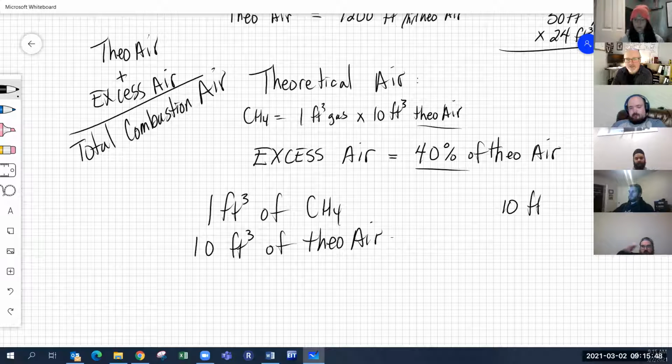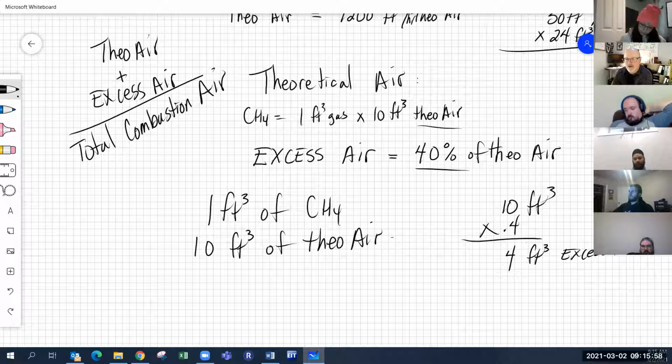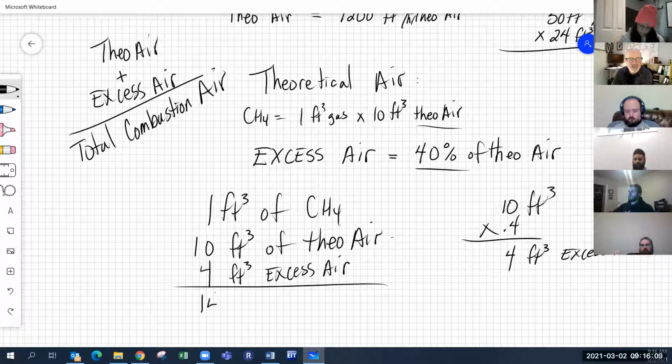So 10 cubic feet times 0.4, which is 40%, will give me 4 cubic feet excess air, giving me 14 cubic feet of total combustion air.